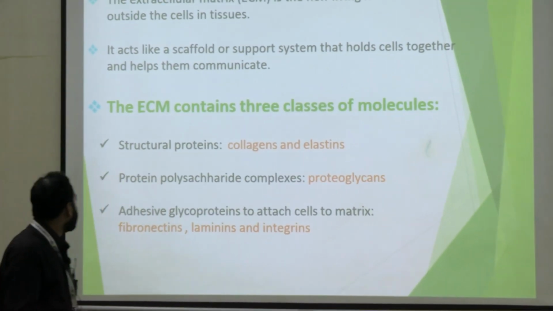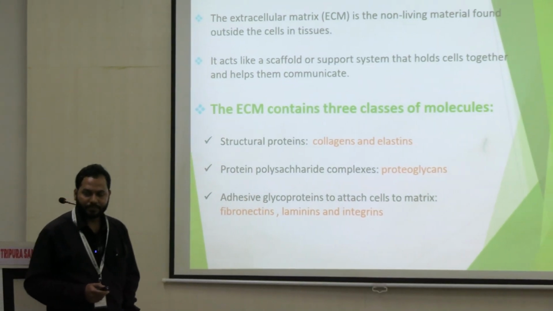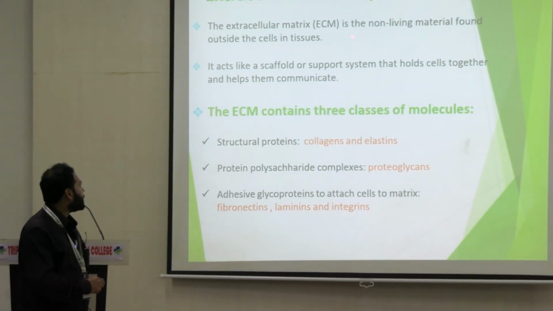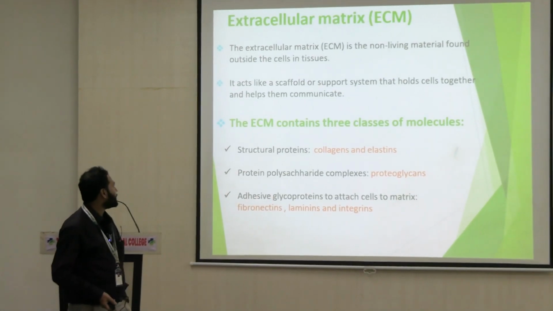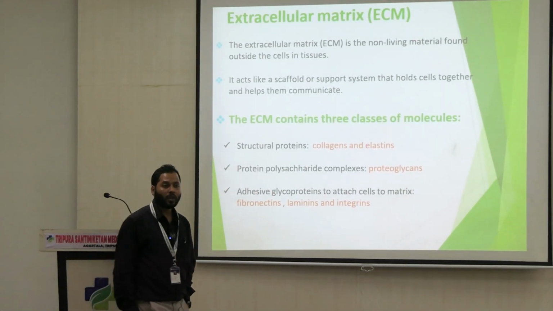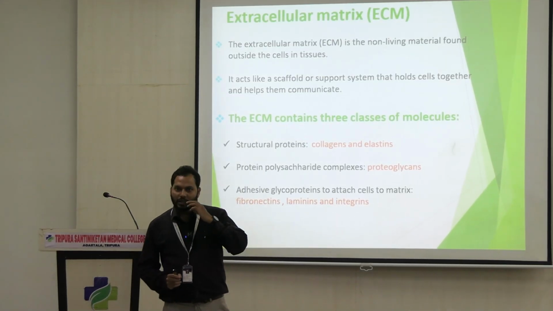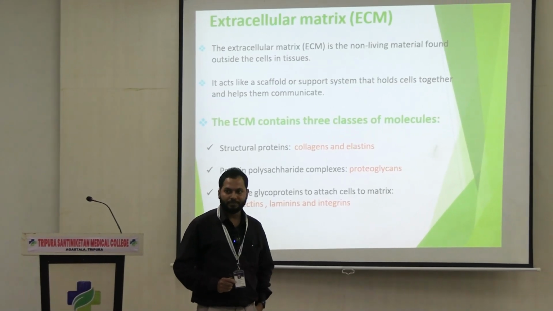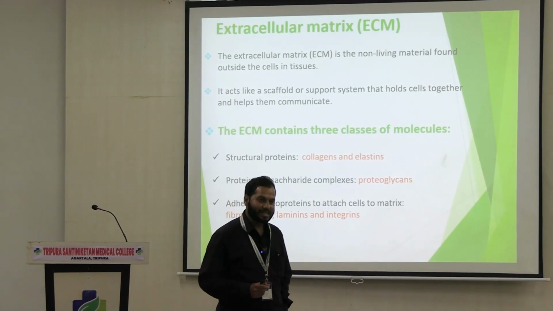Let's start with the basic concept. What is extracellular matrix? Extracellular matrix is the non-living material that is found outside the cells in tissues. If you see the cell structure, it has different components. What are the different components of cell structure?